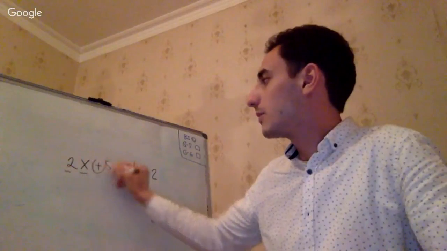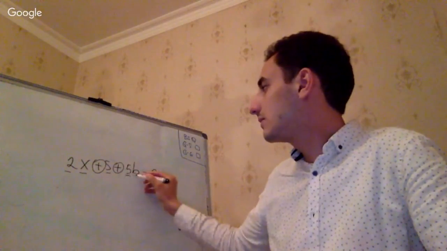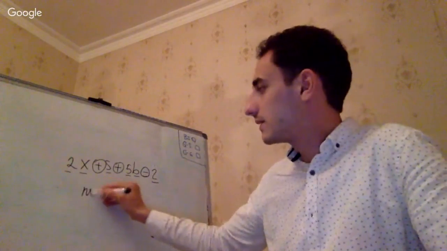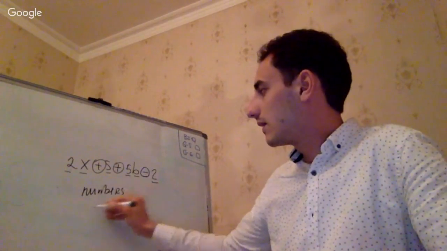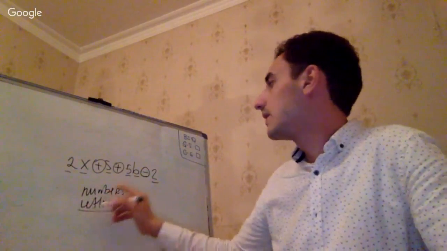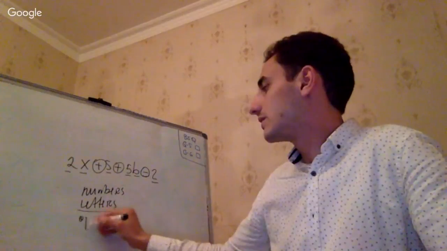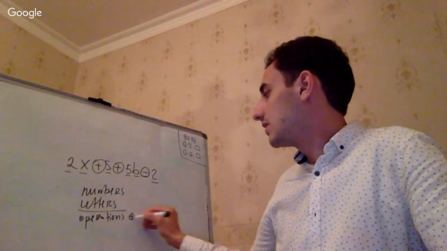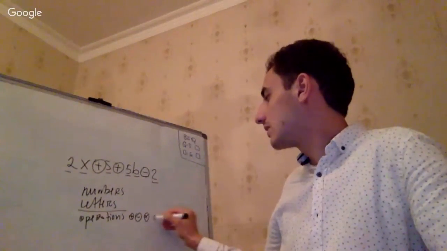Number, letter, operation, number, letter, operation, and again number. Numbers, letters mean variables, then operations can be addition, subtraction, multiplication, and division.